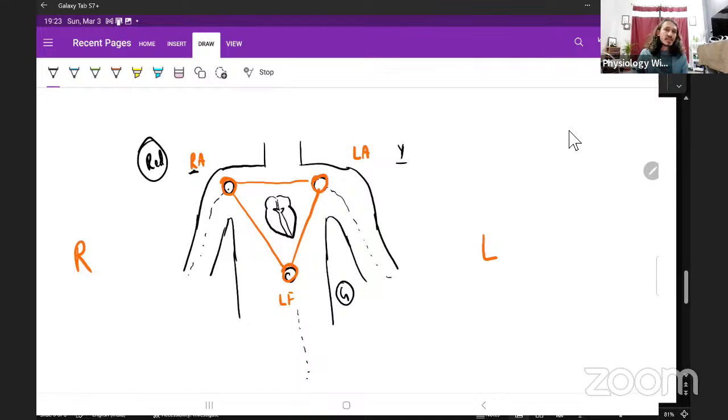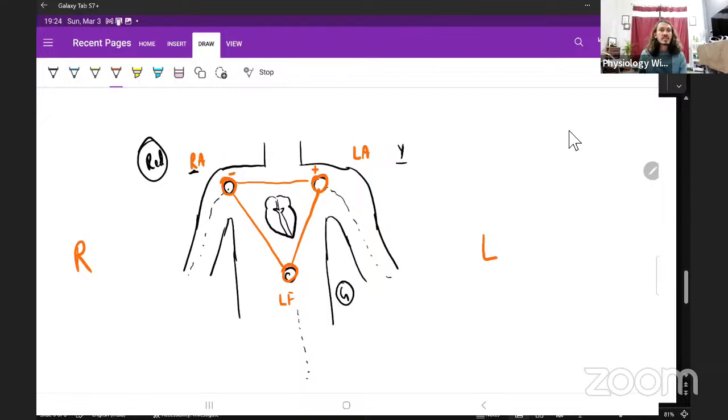So now that we have a structure like this, what are we going to understand from this? If you were to connect your left arm and your right arm, and you take this as a positive, and this as a negative.